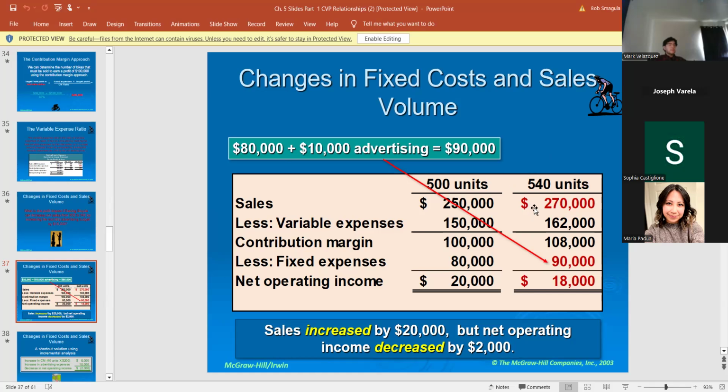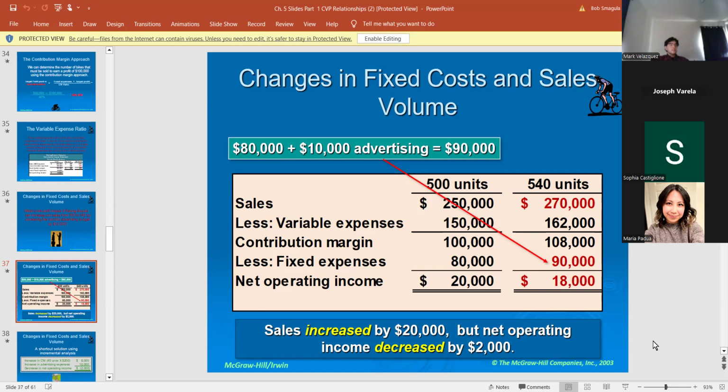We multiply out the 540 times 200, we get 270. The percentage does not change on the variable expenses, nor does the percentage change on the contribution margin. Less fixed costs. Looks like we come up with a profit of $18,000.